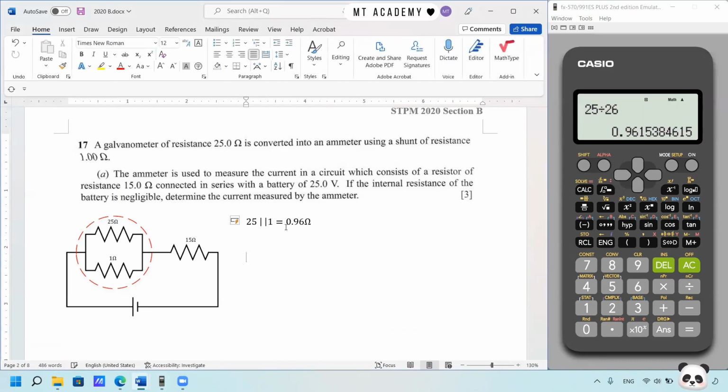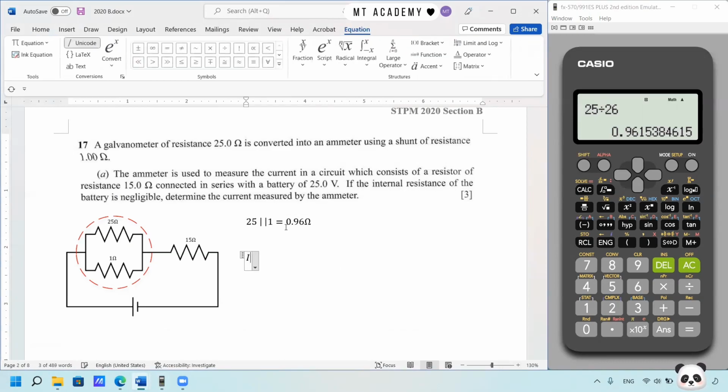And then we can obtain the measured current, which is the voltage, 25 volt, divided by the total resistance in the circuit. So 25 divided by 15.96, and the answer will be equal to 1.57 ampere. This is the current measured by the ammeter.